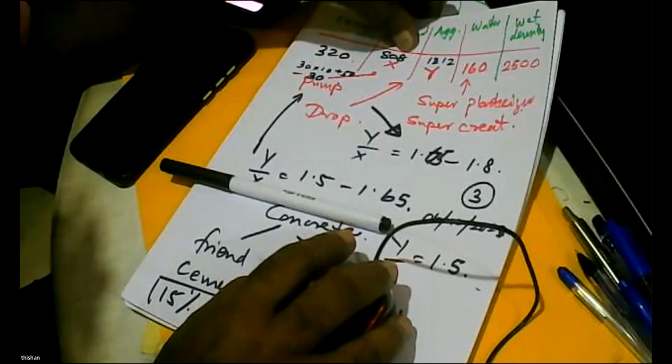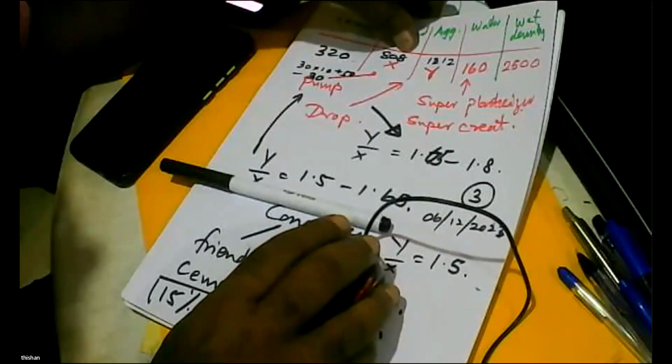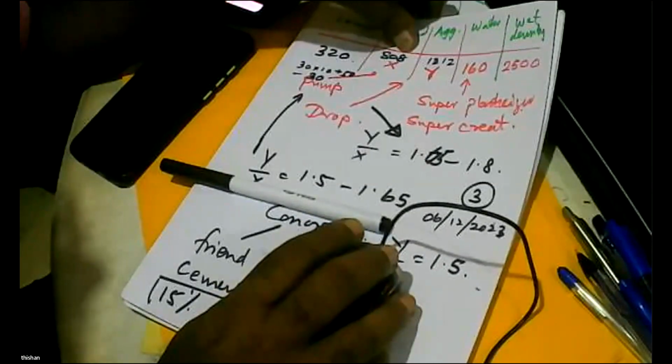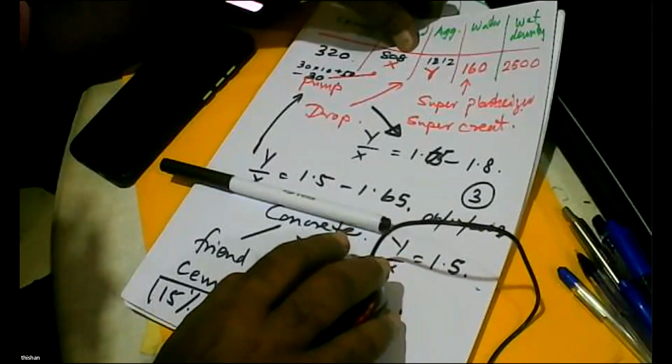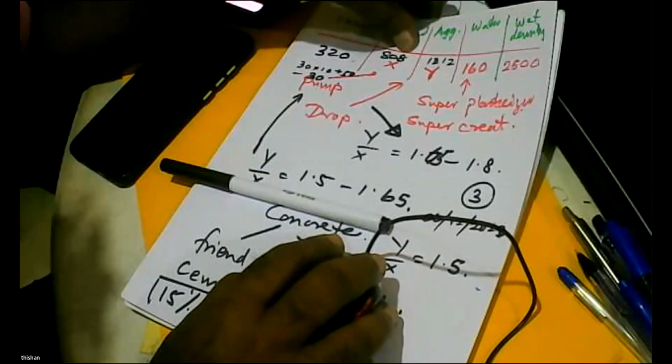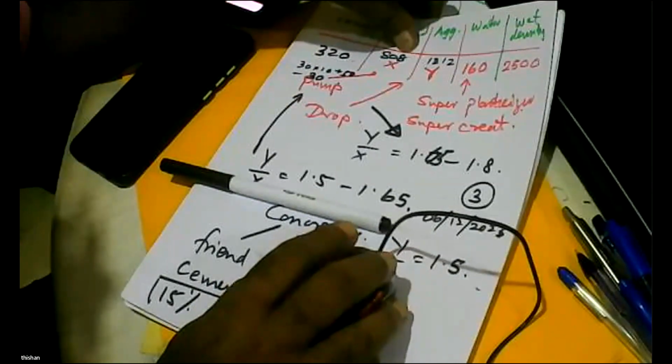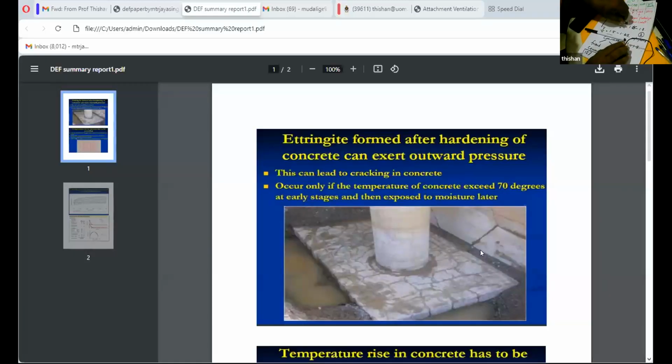Now I need 30 megapascal concrete, but the problem is, I'll stop share. Just one moment, I'll show you the repercussions of doing it wrong. Can you see?